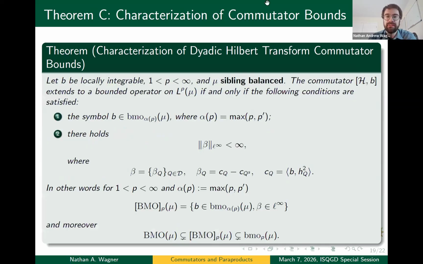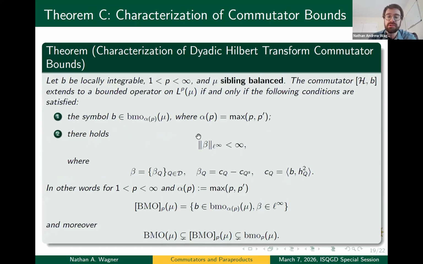We also characterize when the commutator is bounded on unweighted L^p. And this was an interesting question because we had previously shown that the commutator cannot be used to characterize martingale BMO as in the classical case where the measure is Lebesgue measure or doubling.